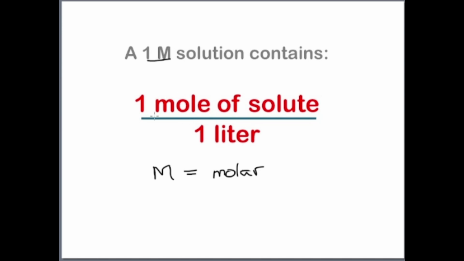Note here that a mole is an amount, and molar is a concentration. Molar is a concentration, mole is an amount. It's very important to keep those straight. A 1 molar solution contains 1 mole of solute per 1 liter. That's the definition.